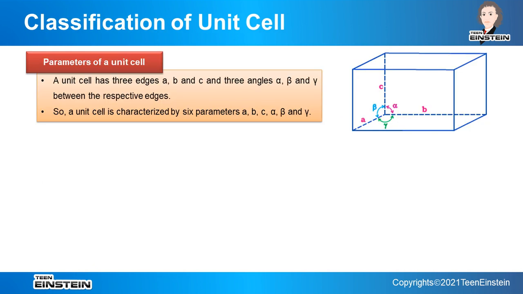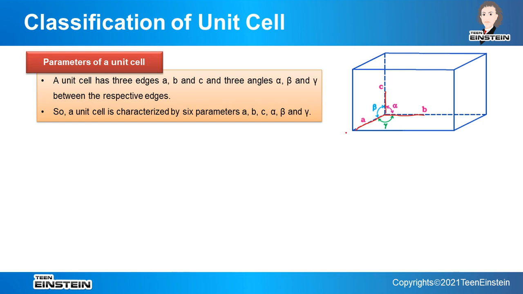Now there is classification of unit cells. Unit cells may be of different types. So what are the parameters of a unit cell? Now look at this picture. Here this parallelogram is the unit cell. We have the A axis, actually A side, B side, and the third one is C, as if it is an XYZ axis type.